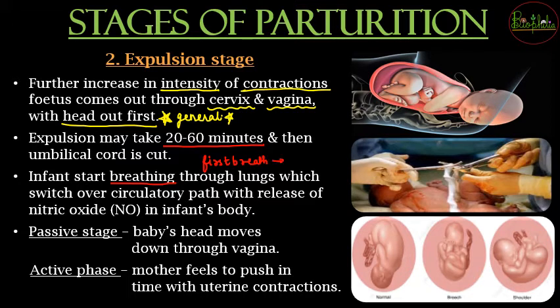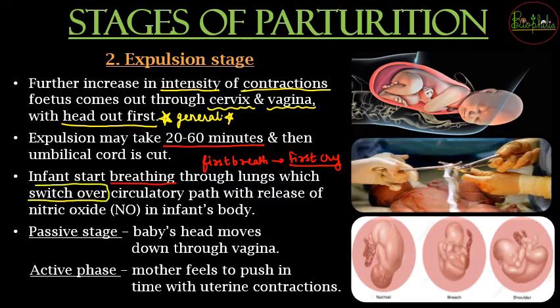So the first breath is equal to the first cry, and with that you can understand that when the baby first cries, that means the baby has started using his or her lungs, and now the rest of the exchange of gases can continue. So that is the switching over of the pathway, or the circulatory pathway.